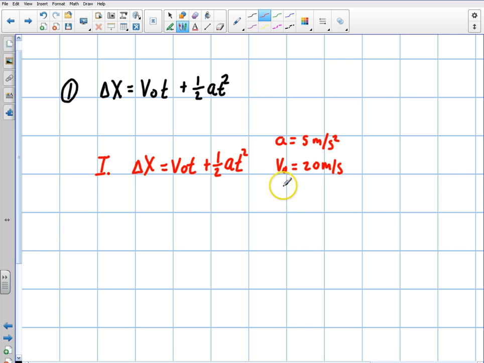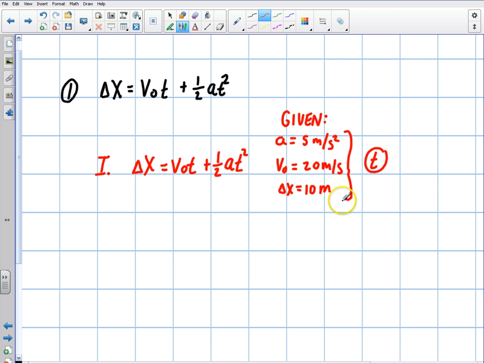And let's say my displacement is, I don't know, let's say it moves 10 meters. So I'm given these, and I want to find out what the time is using this equation. So what is the time?